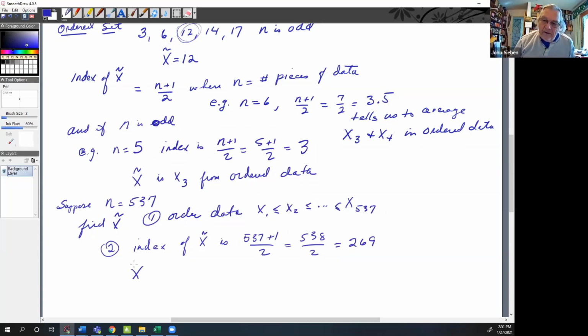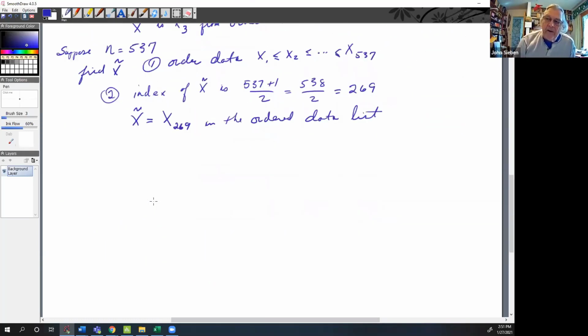And so x tilde is x269 in the ordered data list. This would be an example where we have an odd number of pieces of data, 537, but it would be easy enough to construct an example where we have an even number of pieces of data.